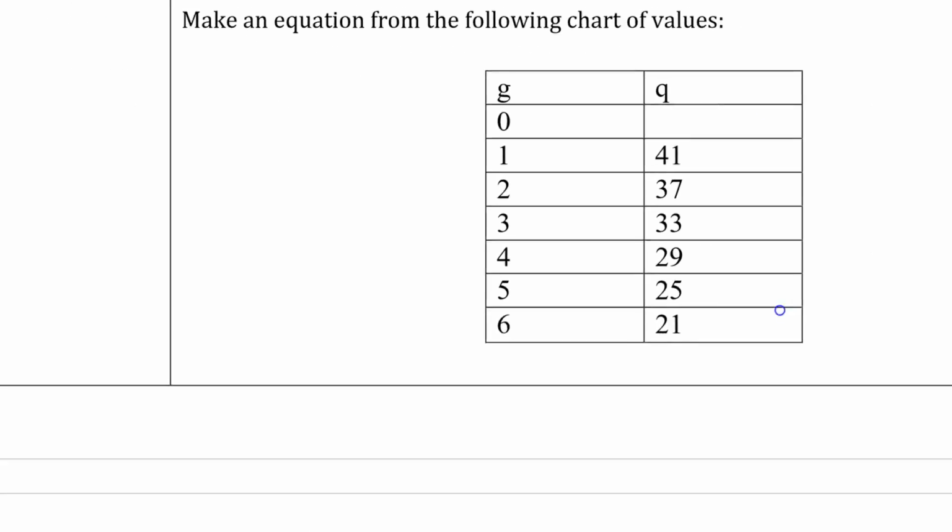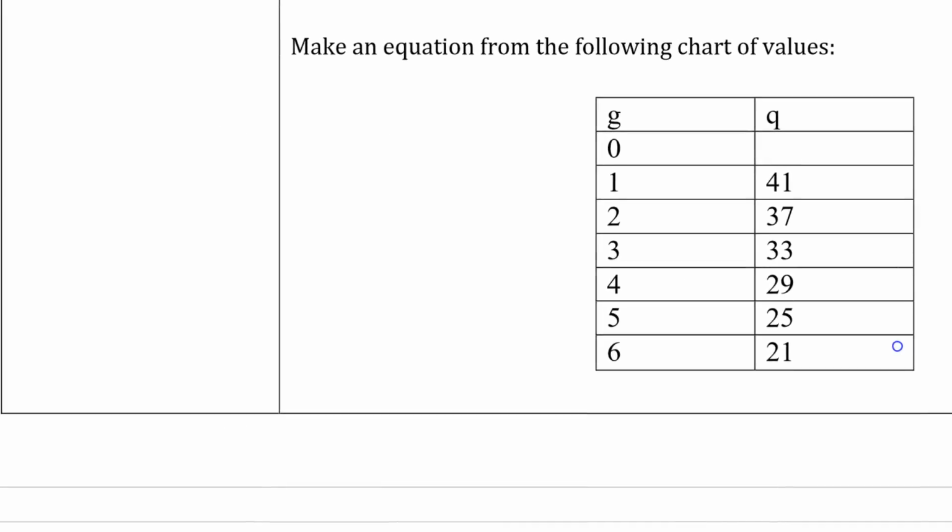Okay, so here we get to the big times. Make an equation from the following chart of values. This is going to be our independent, and I'm just going to shorten it as indep. And we have our dependent, which I'll shorten as dep. First things first, we want to leave room for the zeroth term.